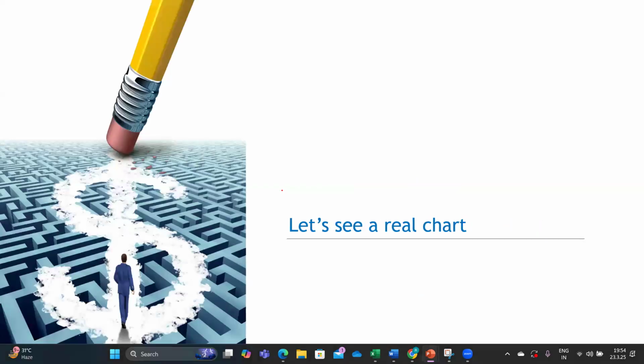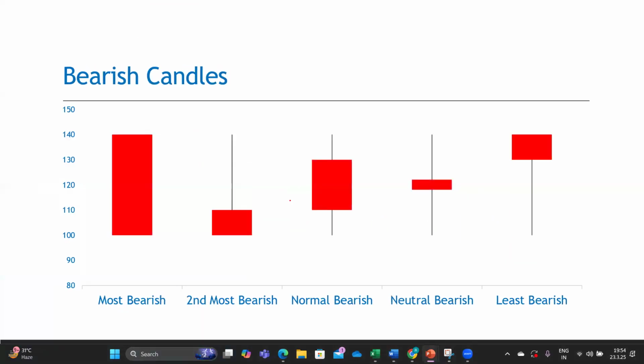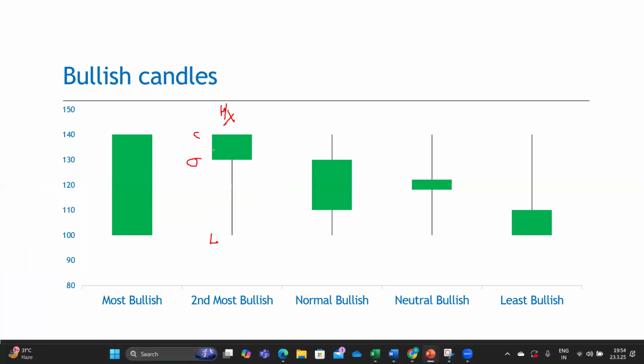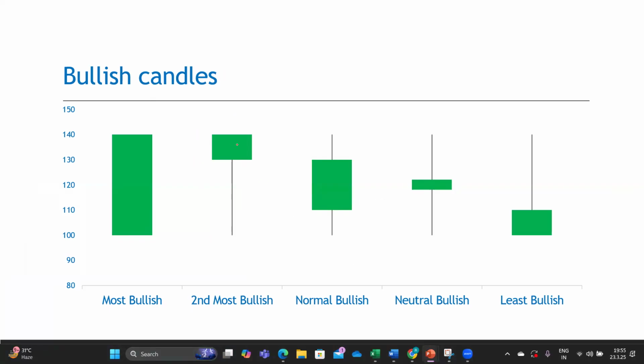What we had learned, there will be an open, low, close, and high. In this case, there is no high here, right? Now understand, see, if you are not able to remember it, don't worry. Just understand the logic. Okay.